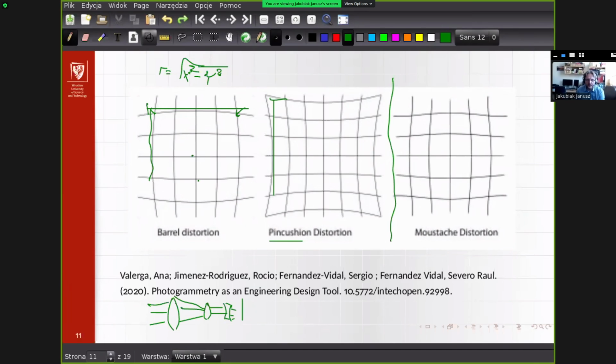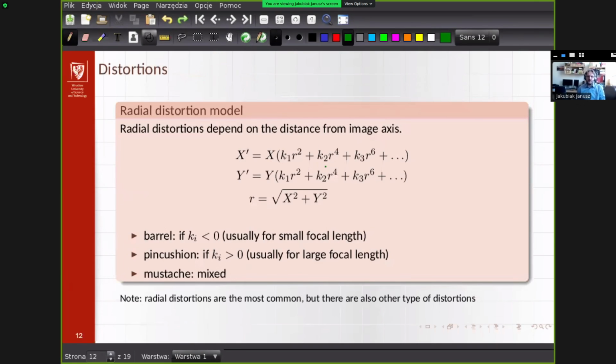If you know the positions that they should be, you can calculate all these coefficients for the corrections. And then you can correct the image so as to get something closer to the standard perspective or pinhole projection. So that's what people usually do when they can.